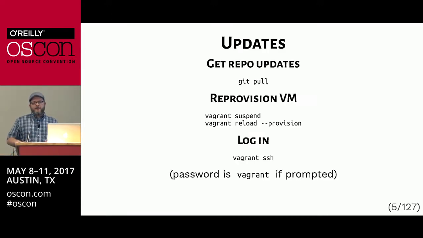If you did set up the VM already, I'm going to ask you to do a couple things to make sure that you're up to date. We added a couple configurations to make part 2 a little easier. So in your repository that you cloned, make sure to do a git pull to get the latest updates. If the VM's already running, run vagrant suspend and then run vagrant reload --provision.